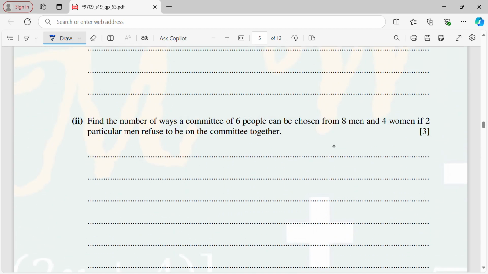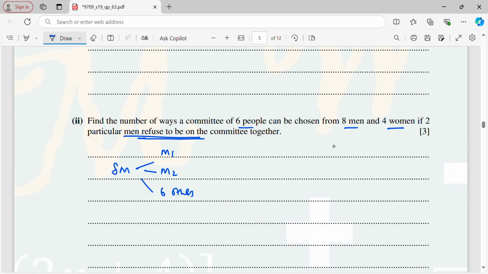Now second part, find the number of ways a committee of 6 people can be chosen from 8 men and 4 women if 2 particular men refuse to be on the committee together. Okay, that means now it's men. I have man 1, man 2, and 6 others. These 2 men refuse to be together.